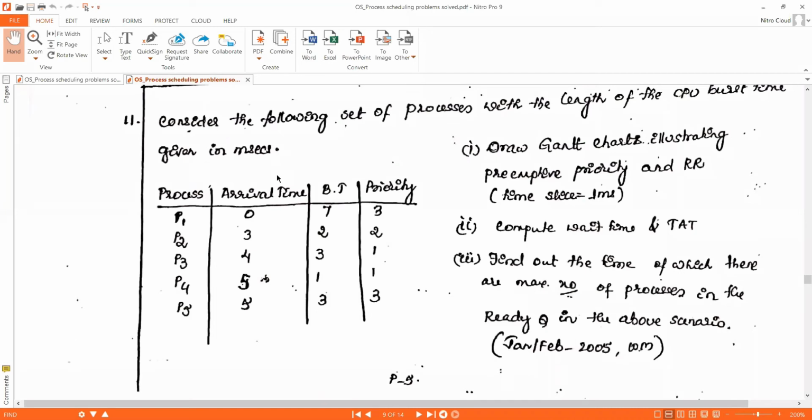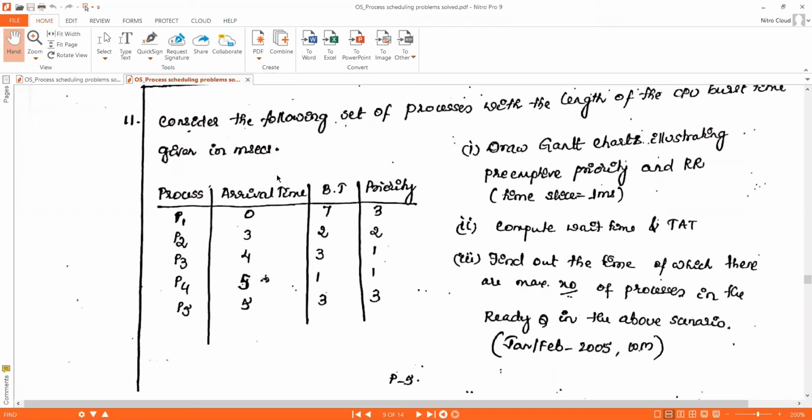Whereas in preemptive scheduling, once the process is allocated to the processor, CPU, if any process comes which has higher priority, or, in shortest job first scheduling, which has the lowest burst time, then the process which is already running in the CPU should be preempted and this new process will be allocated the CPU.